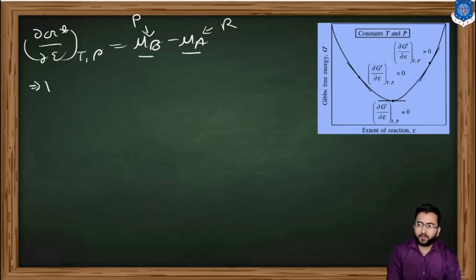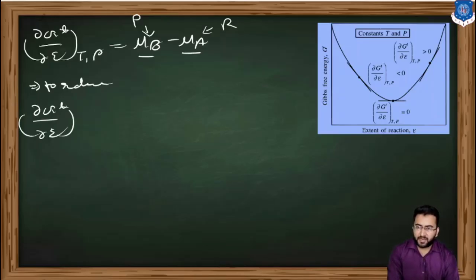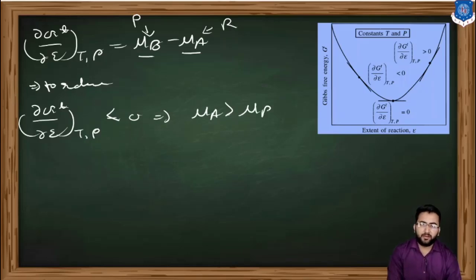For the forward direction of reaction, del Gt upon del epsilon at constant temperature and pressure is less than 0 when the chemical potential of the reactant A is larger than that of the product B.